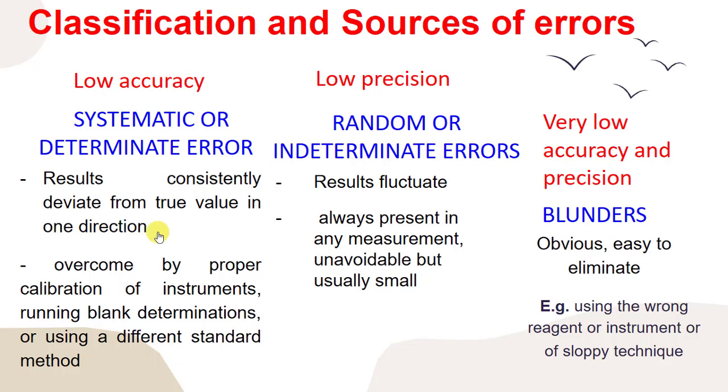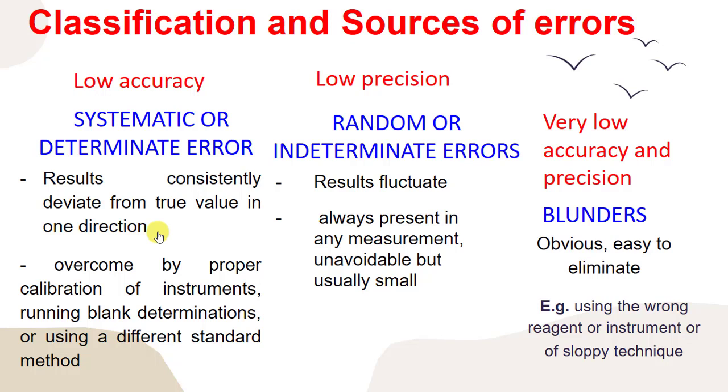For example, if you have a chemical with some impurity, so the purity of the chemical is lower than 100%, then the concentration of your solution will always be smaller than what you have calculated, and so the results will always be smaller.